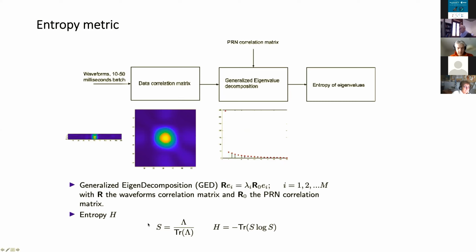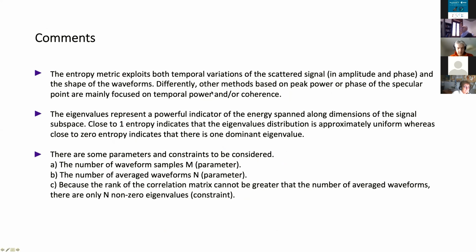What are the properties of this entropy? Okay, the entropy, differently from some other measures, exploits both the shape of the delay waveform and the temporal variation of these waveforms over a number of milliseconds, for example, from 10 to 50 milliseconds.